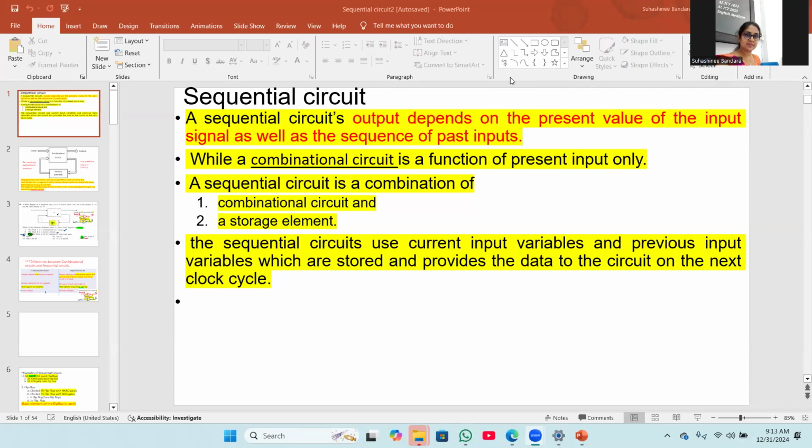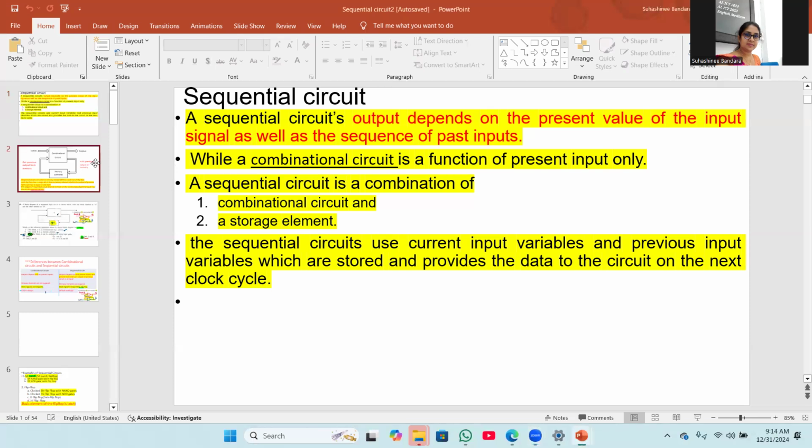Okay, a sequential circuit's output depends on the present value of the input signal as well as the sequence of past inputs. That means a sequential circuit is a combination of a storage element as well as a combinational circuit. A sequential circuit uses current input variables and previous input variables which are stored, and provides the data to the circuit on the next clock cycle.